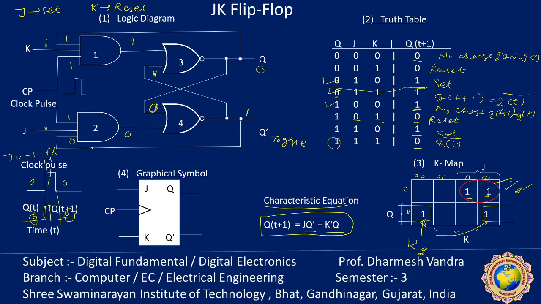Why does this happen? The propagation time of the flip-flop is lower than the clock pulse. Suppose the clock pulse duration is half of the propagation delay.